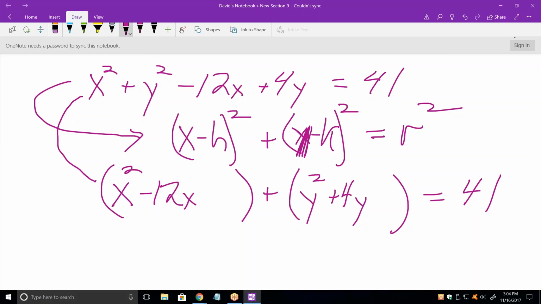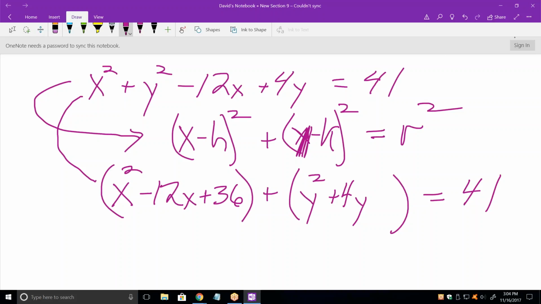Now let's complete the square. What do I have to do inside the x parentheses to complete the square? We take half of negative 12 and square it. What do you get? Half is 6, squared is 36. And it's always being added. Whenever you're completing the square, it's always added. So what do I have to do to the right side?